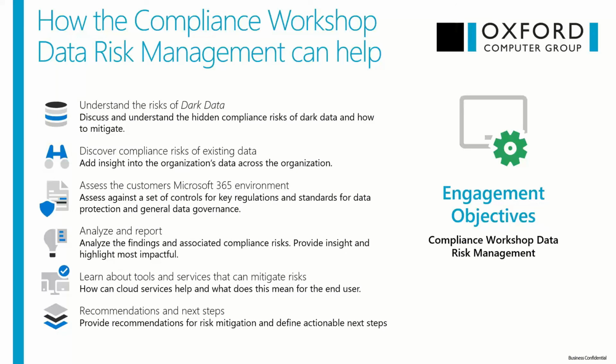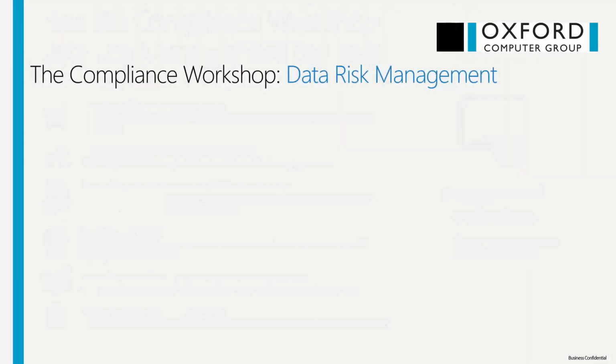So finding information such as credit card information, other financial data that might exist in those documents that could be exposed, PII information, or if you're under other regulatory schemes, right, being able to check your data against those regulatory compliance schemes and help you understand where you might be out of compliance and where you can improve in that regard. And then finally, based on the findings and the compliance risk, being able to provide recommendations and next steps that you should take.